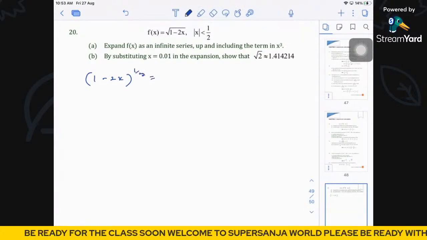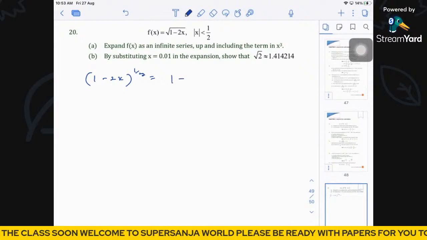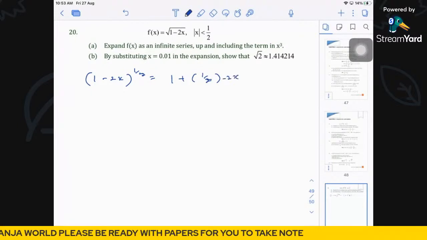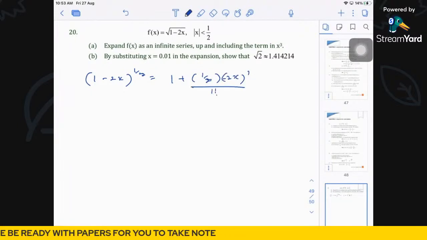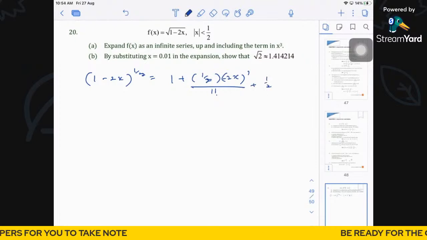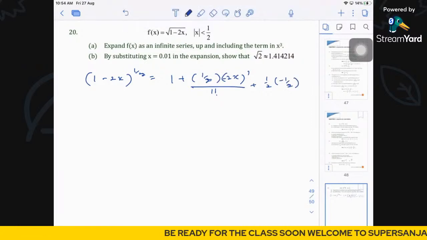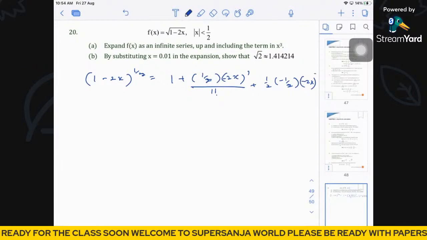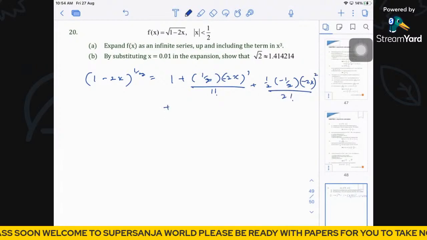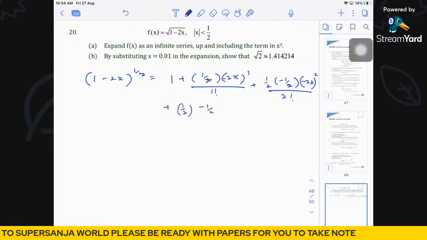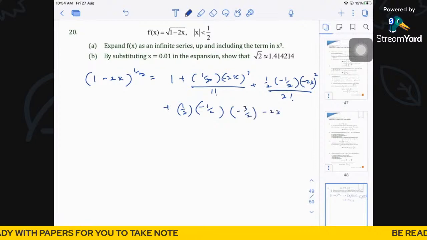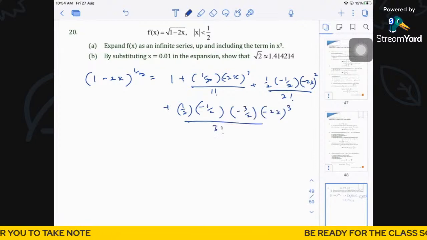So you know that this is going to become 1 plus half times negative 2x to the power of 1 over 1 factorial, plus half times negative half times negative 2x to the power of 2 over 2 factorial, then plus half, negative half, and negative 3 over 2 times negative 2x to the power of 3 over 3 factorial.